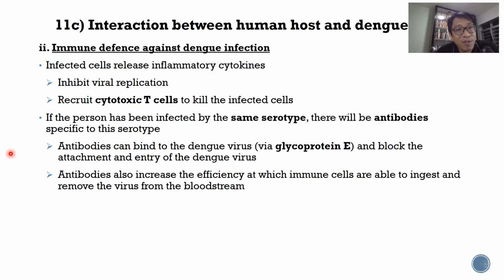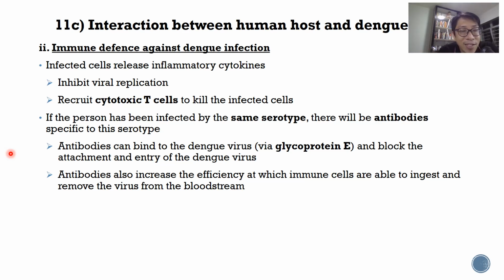So these are immune cells that kill infected cells when the infected cells release cytokines to tell the immune cells that they are infected. So obviously when the infected host cells die, that stops the replication of the viruses. And also our immune system is able to learn and remember previous infection. So if we have been infected with dengue before, then our immune system would produce antibodies specific to this dengue virus.